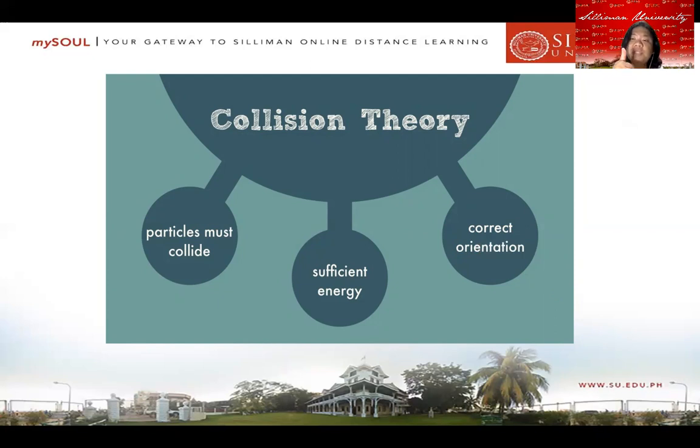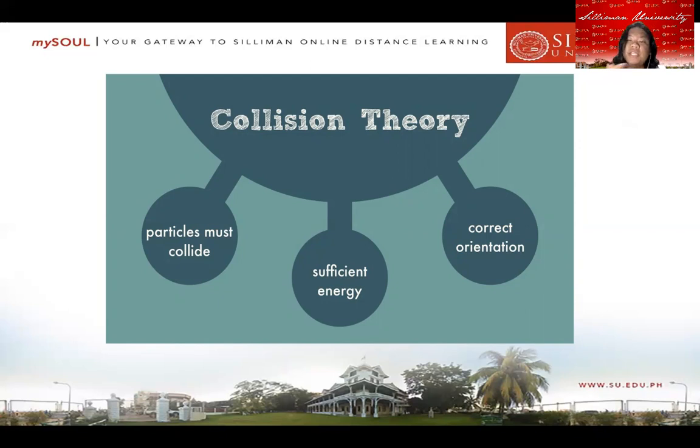So number one, there must be collision, and in the collision there must be sufficient energy, but sufficient energy is not enough for a chemical reaction to happen. The correct orientation must also be observed. So in other words, chemical reactions do not easily happen, but they do require different conditions.